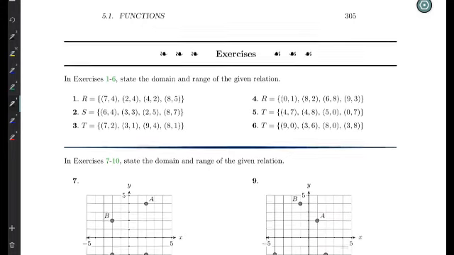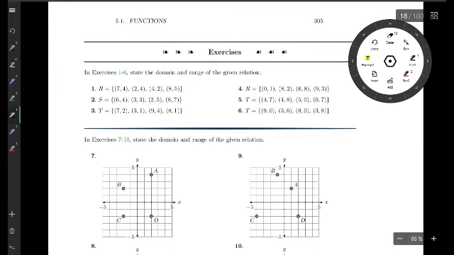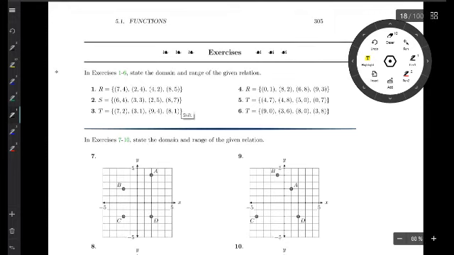So now let's do some exercises. Here for 2, so here we have domain is the set of what? 6, 3, 2, and 8.